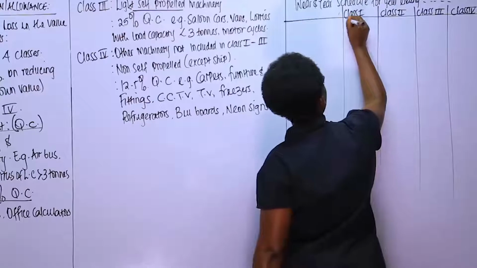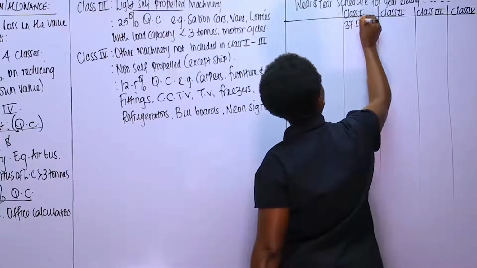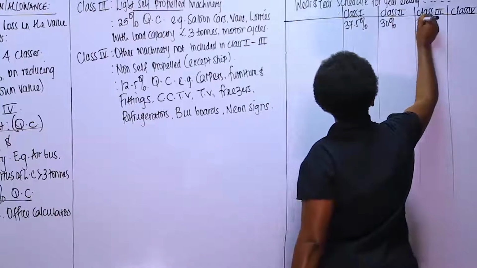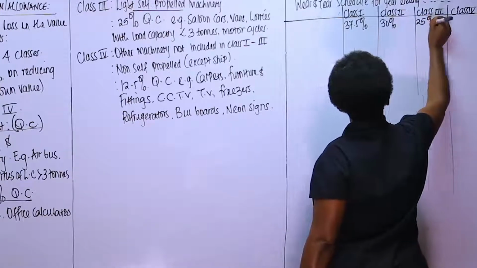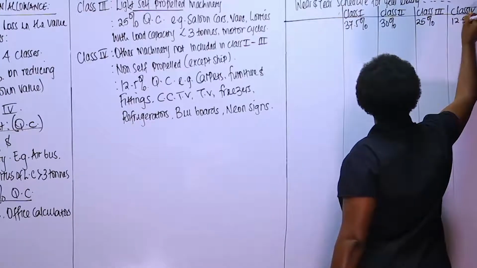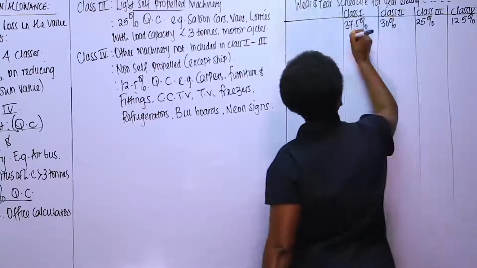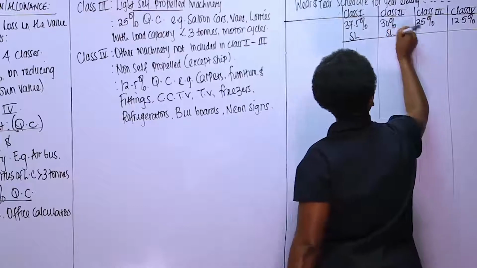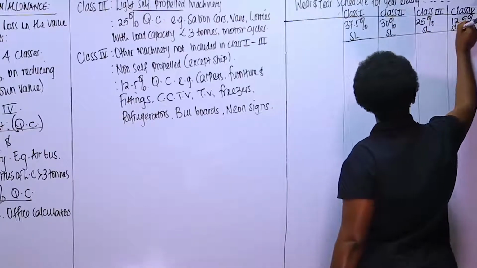We put the rates 37.5%, 30%, 25%, and 12.5%. Then we put the currency. We're dealing with shillings. So shillings all through.